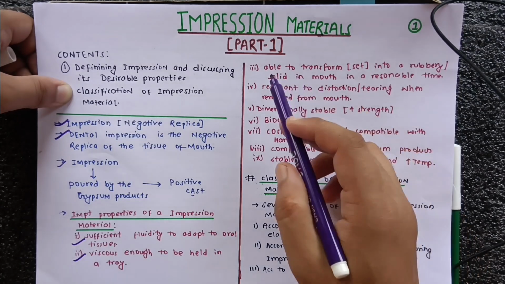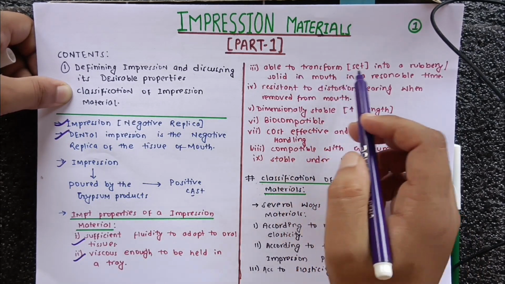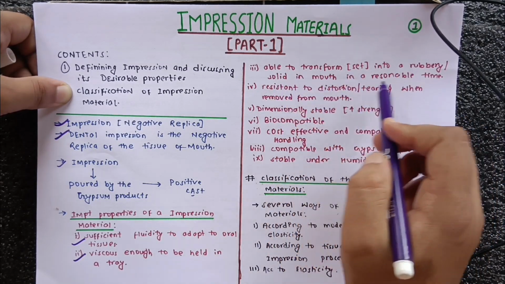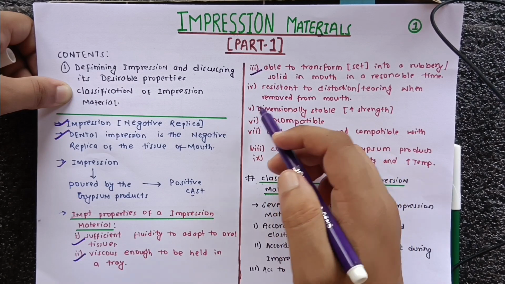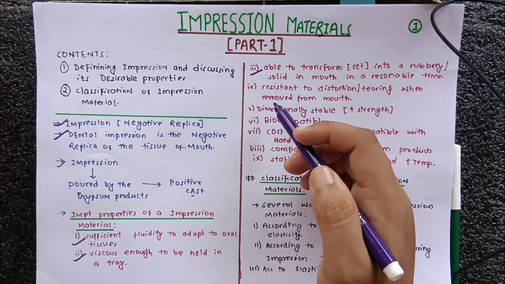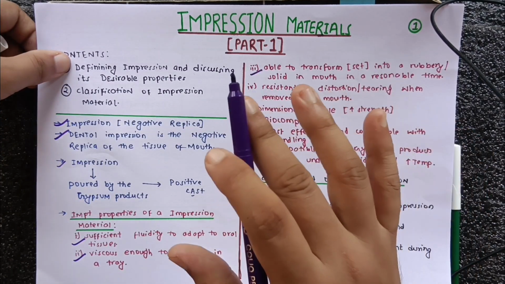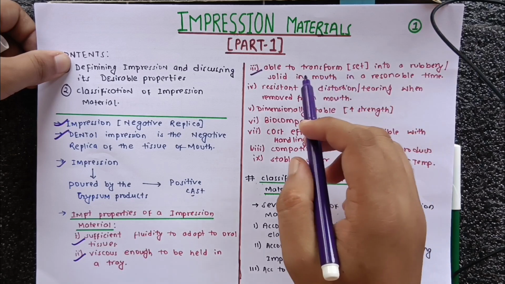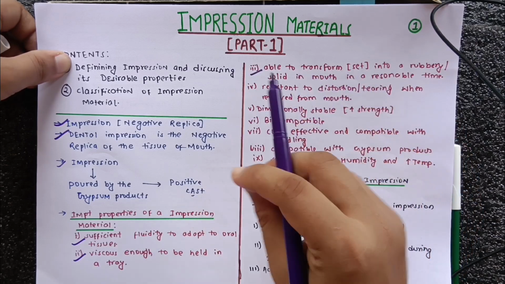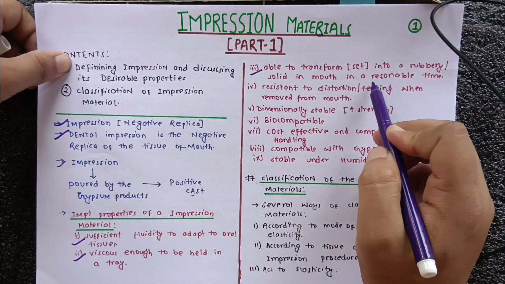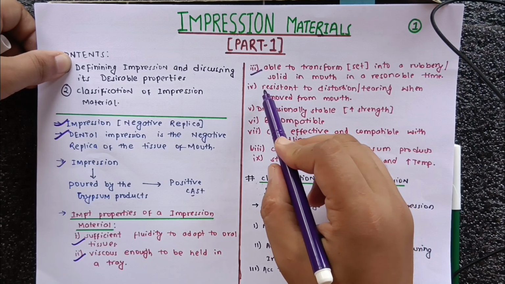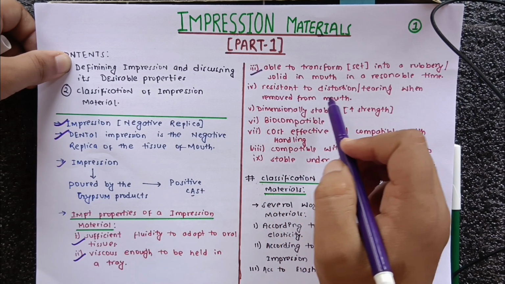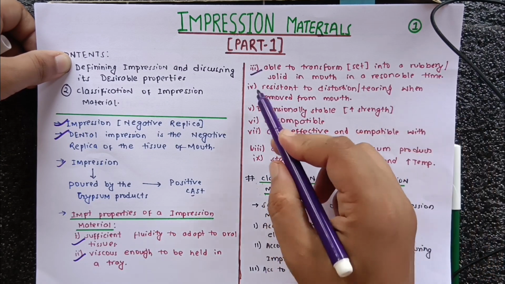After that, I have written here: it is able to transform or set into a rubbery or solid form in the mouth in a reasonable time. At mouth temperature the substance should set, transformed into a rubbery or solid form in a reasonable time. Another point: resistant to distortion or tearing when removed from the mouth.